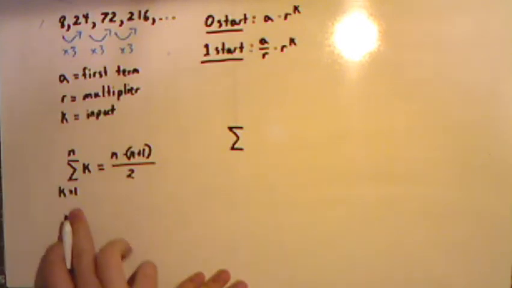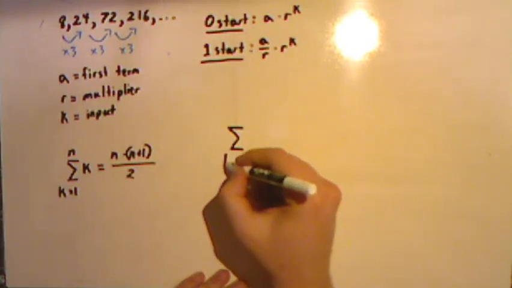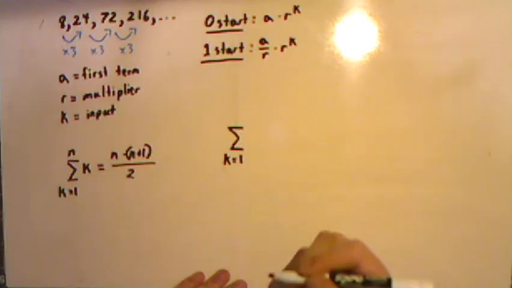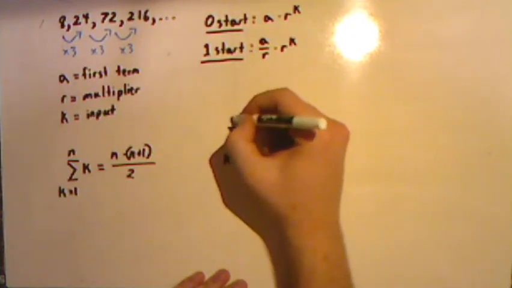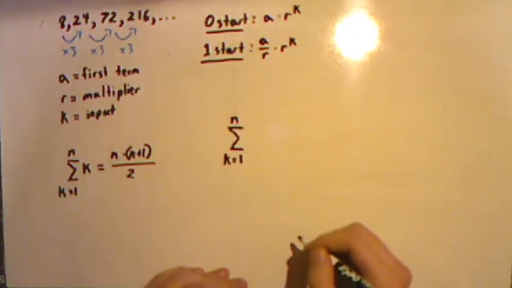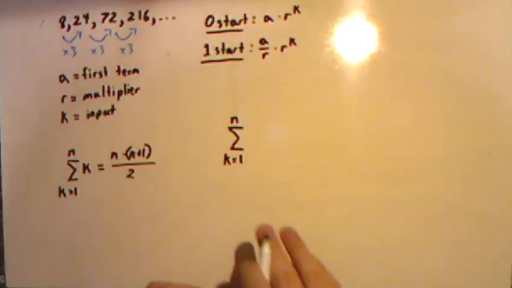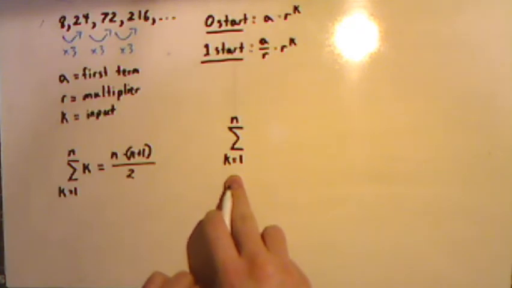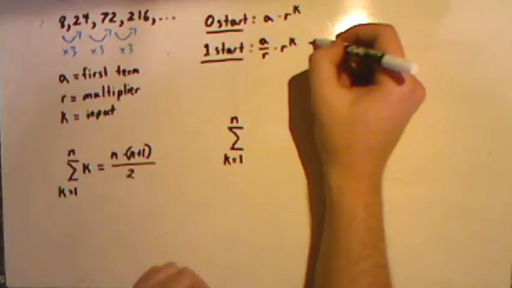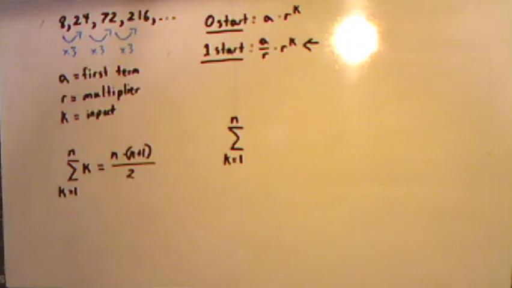In this case, since we're starting at 1, we're also going to start this sigma notation at 1, and then we have whatever our maximum value is. So in this case, since we're using it as a uniform set at k equals 1, we want this formula right here where we are starting at 1 as our number.